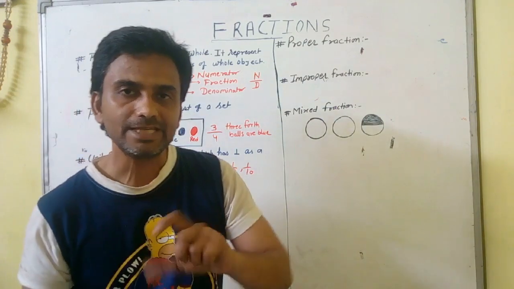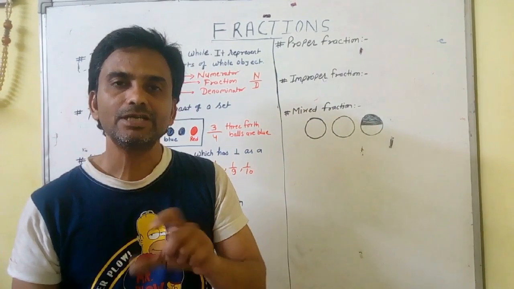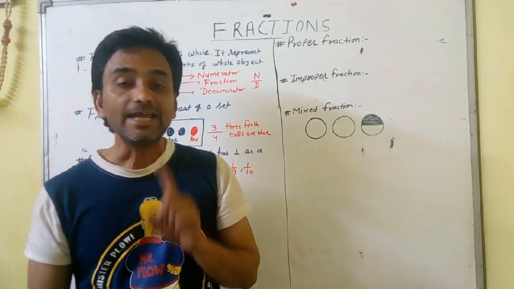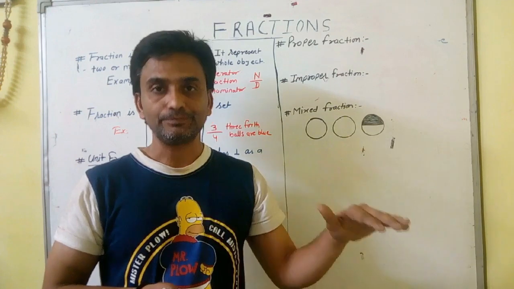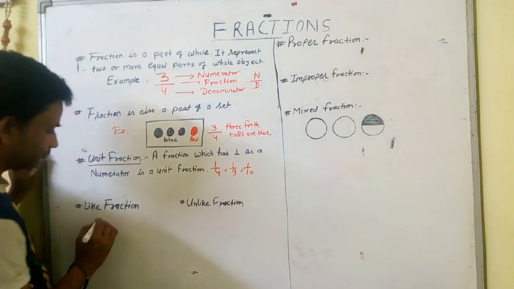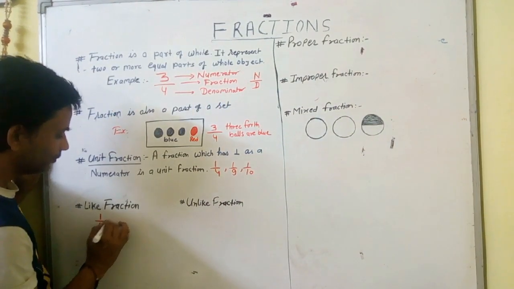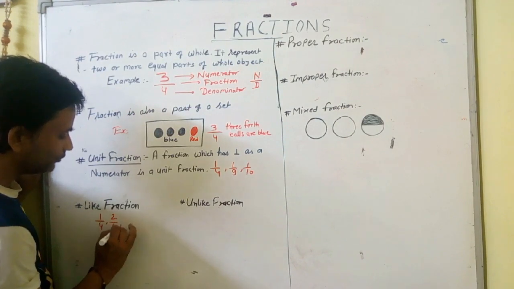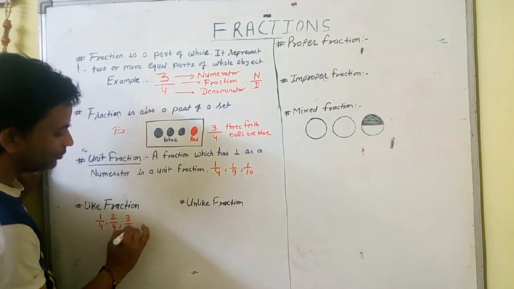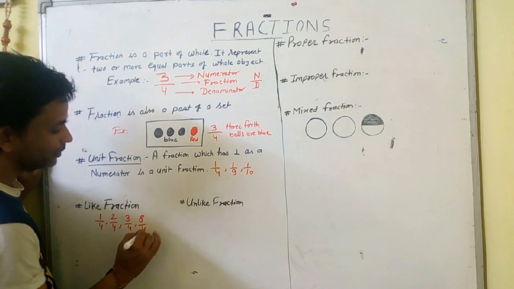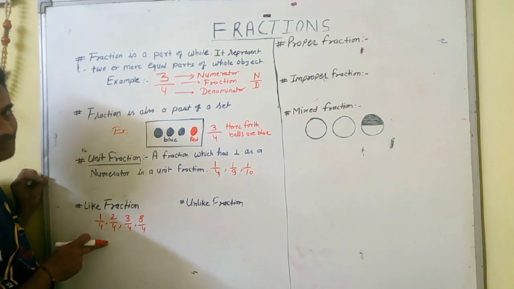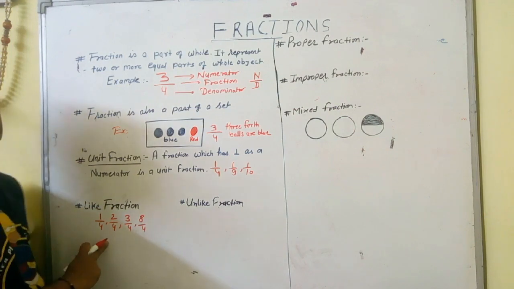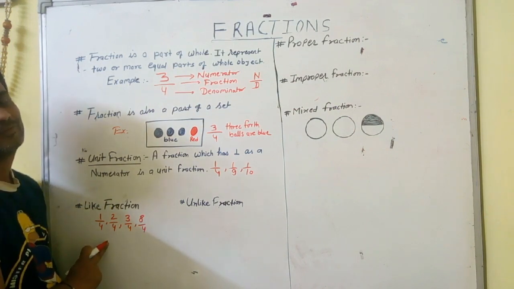Now coming to the next point, what is like fraction and unlike fraction? In like fractions, the denominators are always the same. For example, 1/4, 2/4, 3/4, or 8/4. In these fractions, the denominators are the same. That's why it is called like fraction.